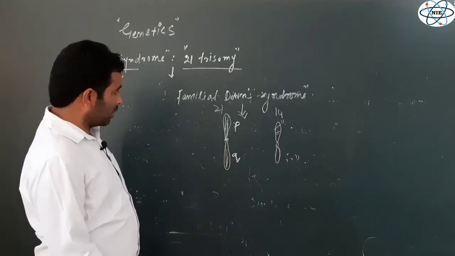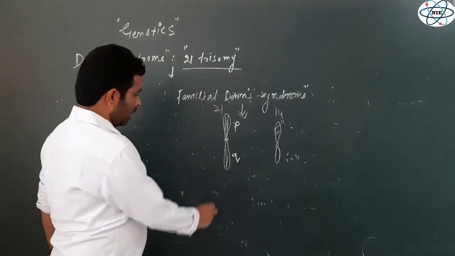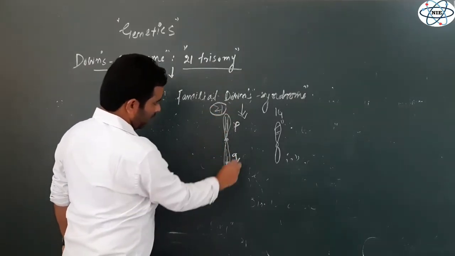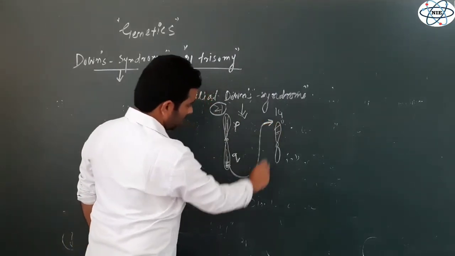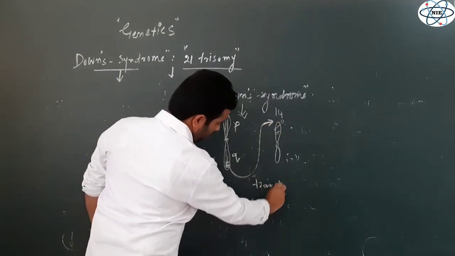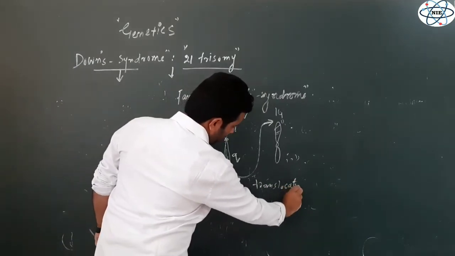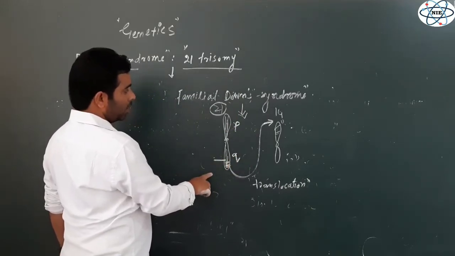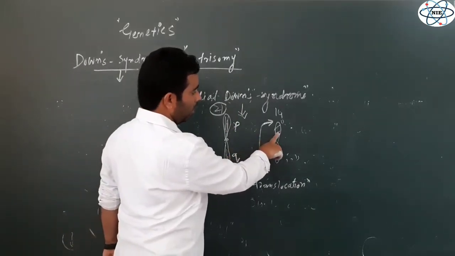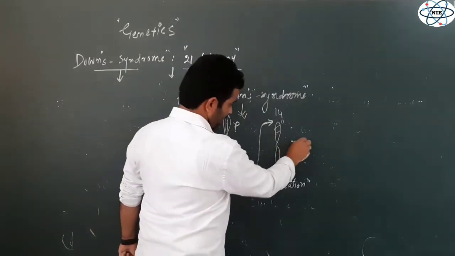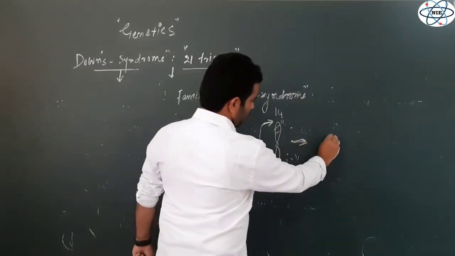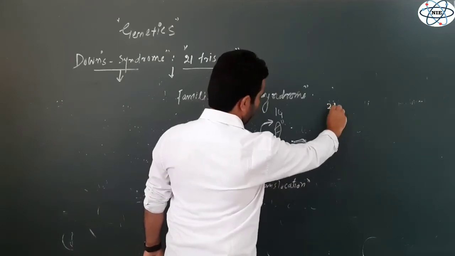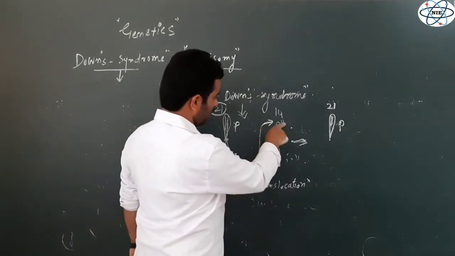And what happens sometimes in this familial Down syndrome, the long arm of chromosome number 21 is translocated to chromosome number 14. There is translocation of the Q arm of chromosome 21 to 14. Chromosome 21 has lost its Q arm, which has translocated to chromosome 14.